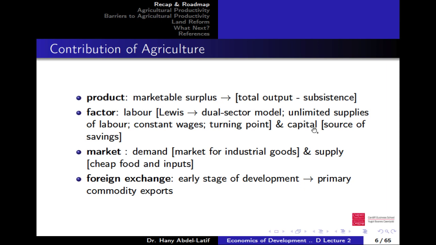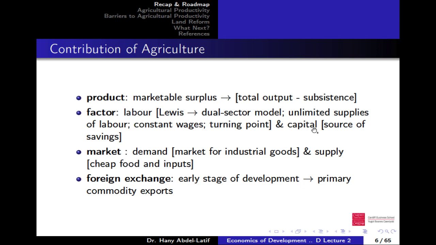We explained when the turning point will happen: when we take this surplus out of agriculture, productivity will rise in the agriculture sector, then wages will rise, and we will reach a turning point. Also, it provides capital, so it's a source of savings as well. It's not just labor. Labor and capital are both factors of production.